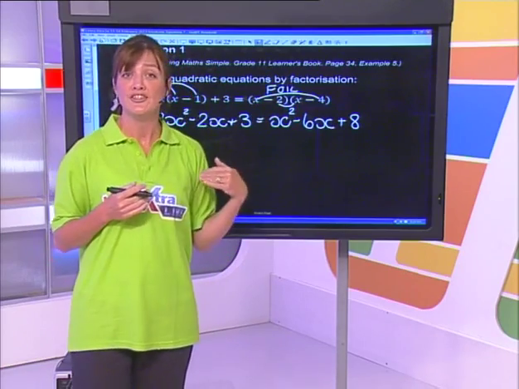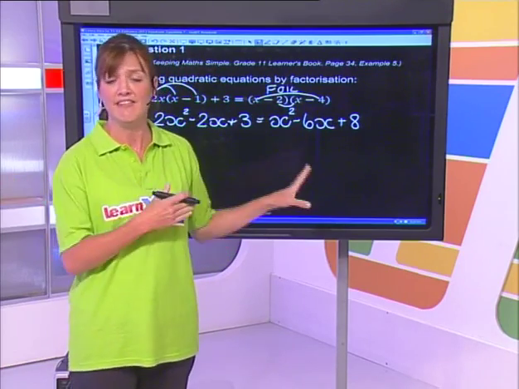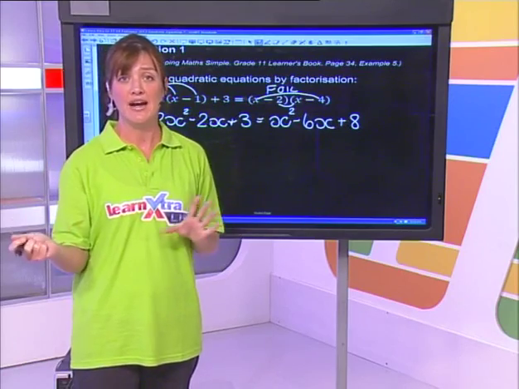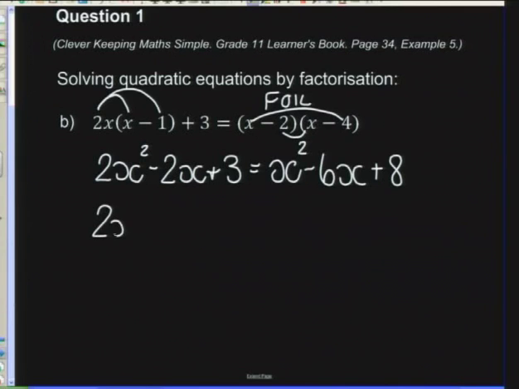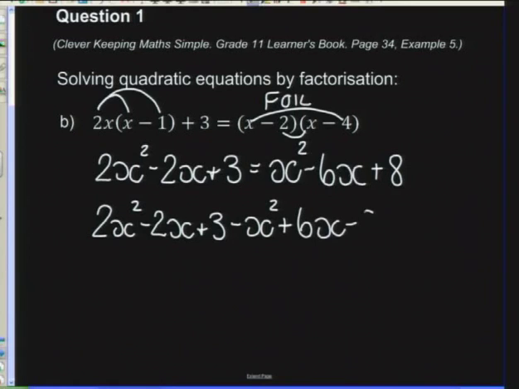Let's gather all our terms to the left-hand side. Let's make everything on that side. Let's get our right-hand side equal to 0. So doing that, I'm going to have 2x squared minus 2x plus 3. I'm then going to have minus x squared plus 6x minus 8, which is equal to 0.